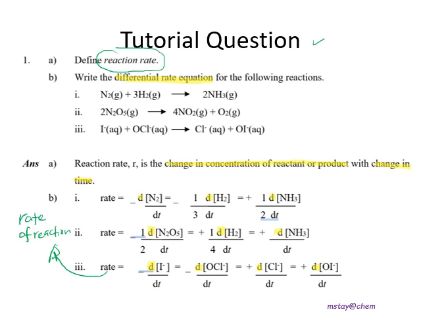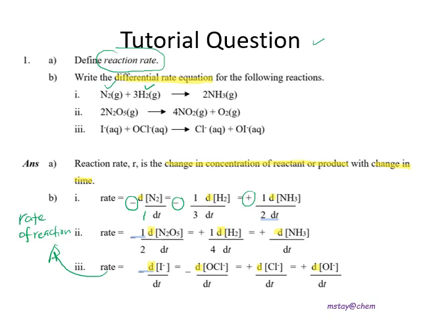Then you will notice that nitrogen and hydrogen are reactants, so at here you will see there is a negative sign. While the ammonia is the product, so we have a positive sign over here. And then we refer to the coefficients, which are 1 here, over 3 and over 2. Again, they are referring to the coefficients in the balanced equation.